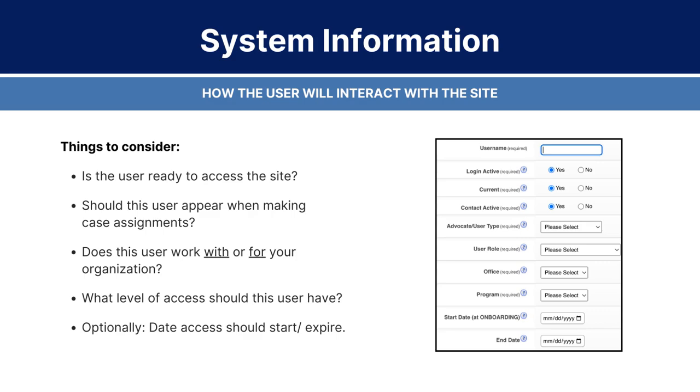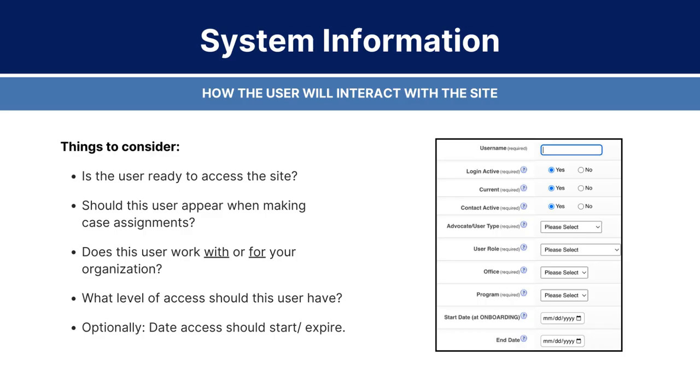You'll want to consider if the user is ready to access the site. Should their login be active? You'll also want to consider if the user should appear when making case assignments. On the front end side of things, when creating a new case in the system, we're going through an applicant intake process.